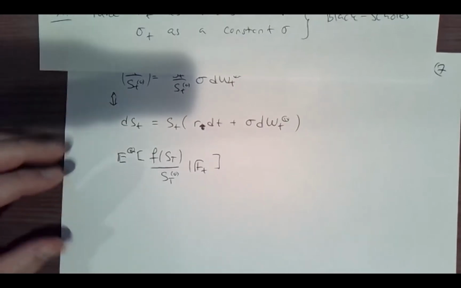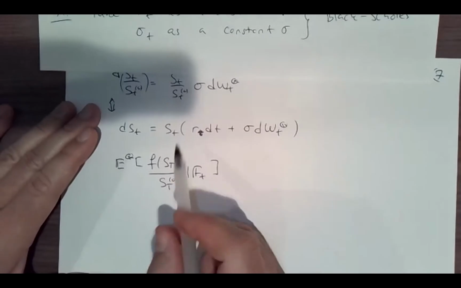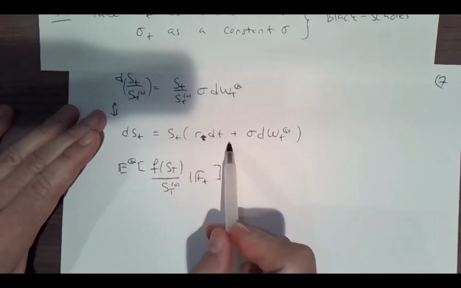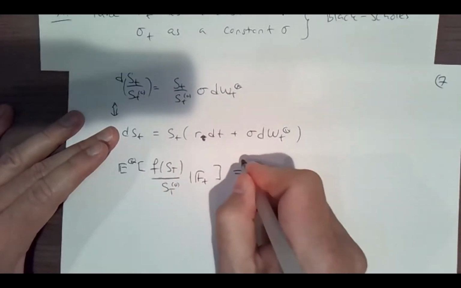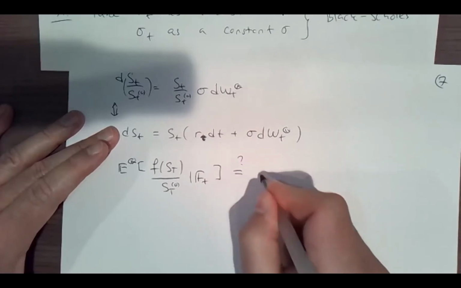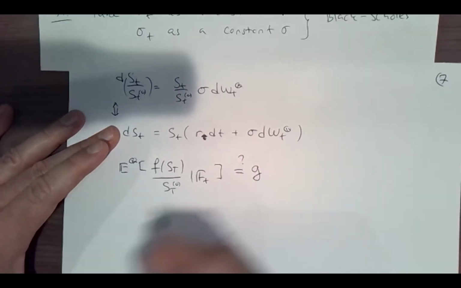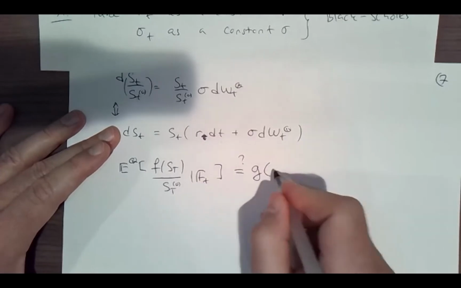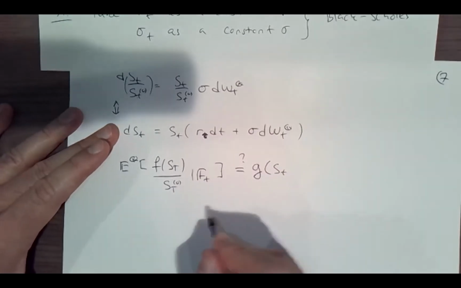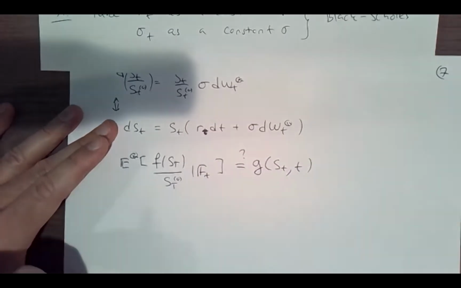What is it going to be? Well, we're going to make the guess that this is equal to a function of the current value of S. This is when the Markov property comes in. And then time.